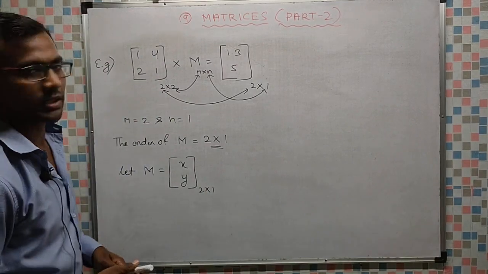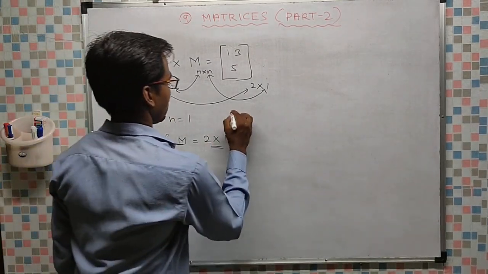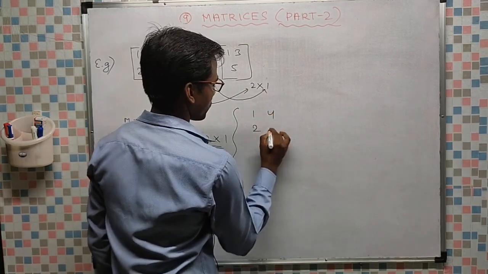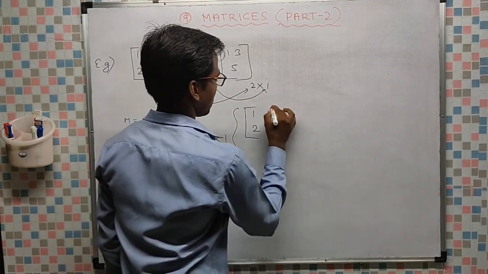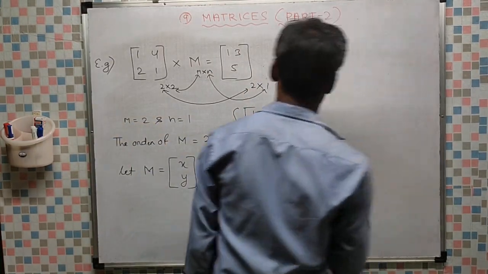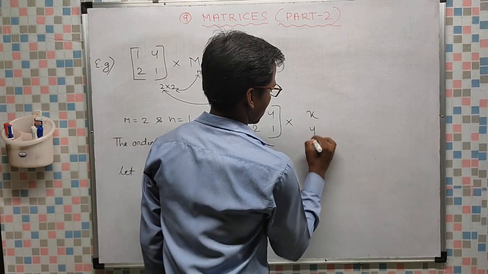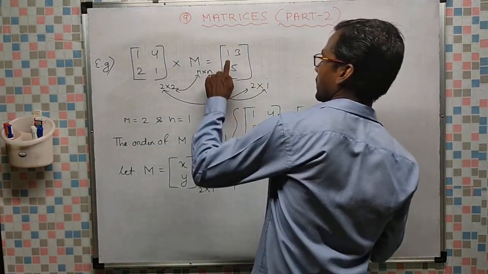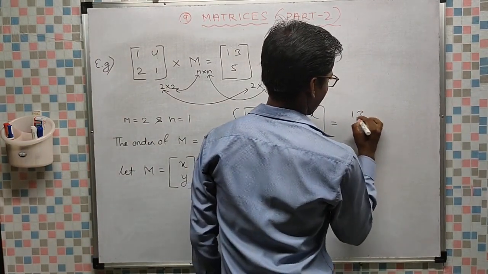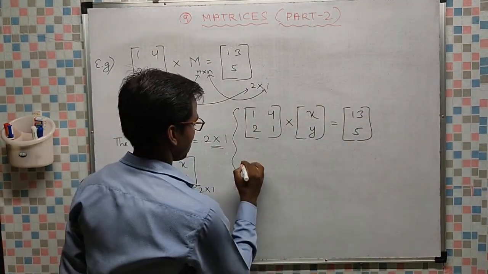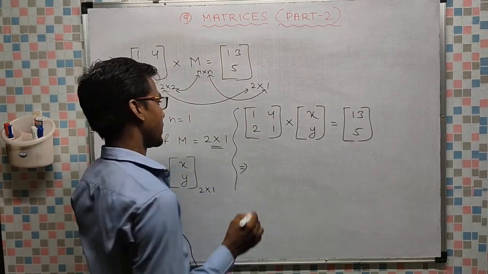2 by 1. Now let us multiply. So [1 4; 2 1] into M, which is [x; y], is equal to [13; 5]. This implies, let us multiply.